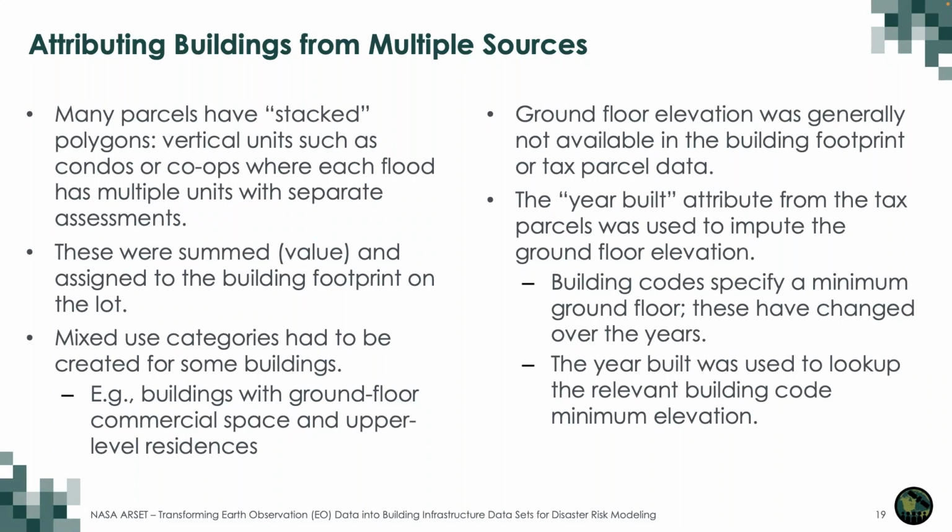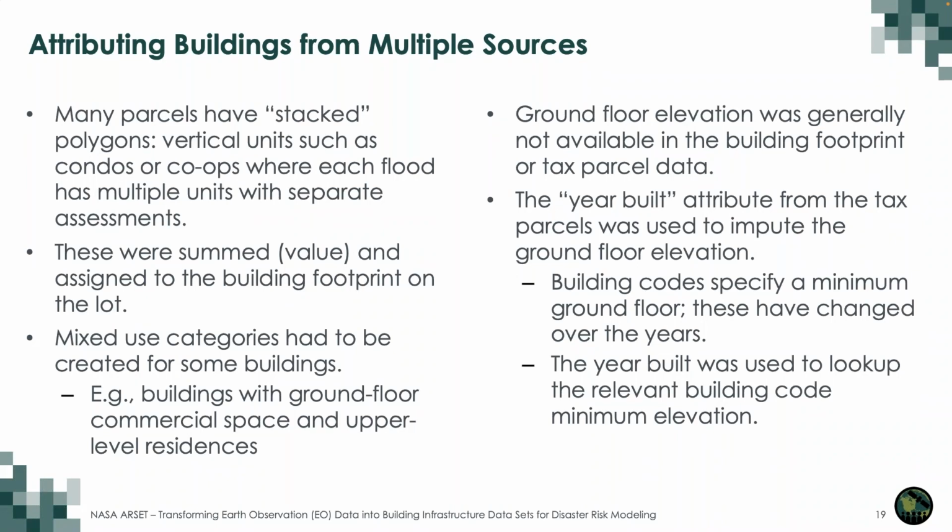So here would be condos or co-ops where you had multiple units over each other, right? In a co-op or a condo, each unit can have its own tax assessment, but geographically they're represented as polygons stacked on top of one another.